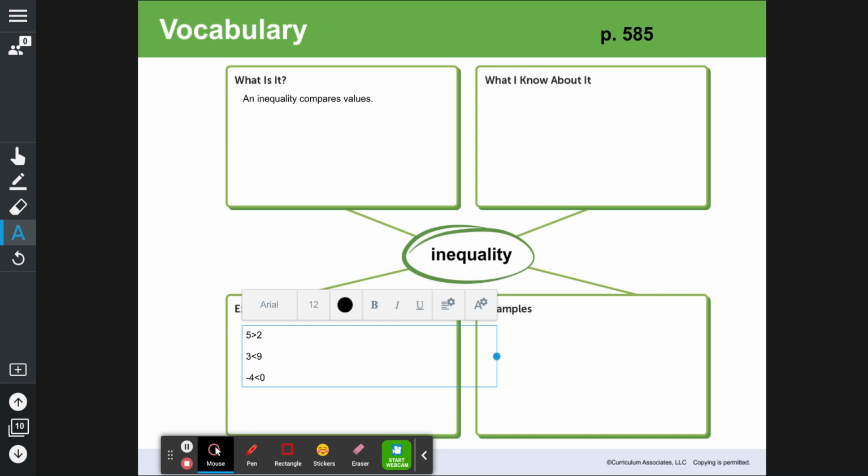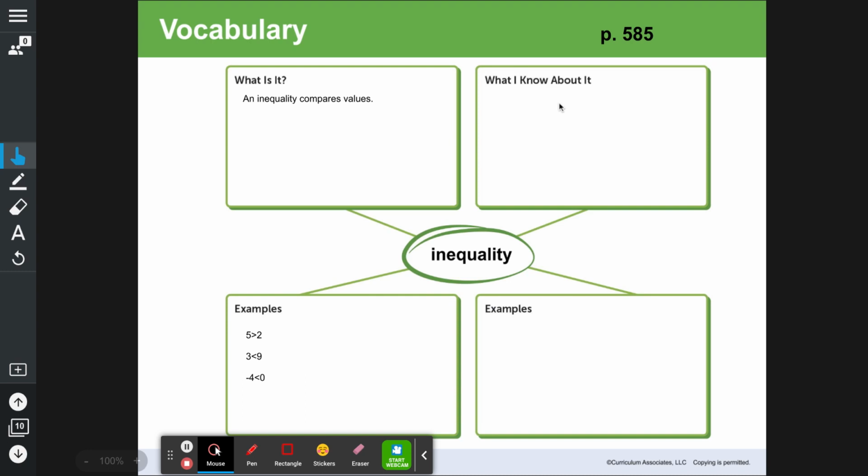So again, you can come up with some of your own examples there. And I've used whole numbers. You can add decimals, you can add fractions as well. When I go to the top right, what I know about it, I want you to write what you know. That could be the definitions of those symbols. It could mean something about what you learned on your number line that we just did.